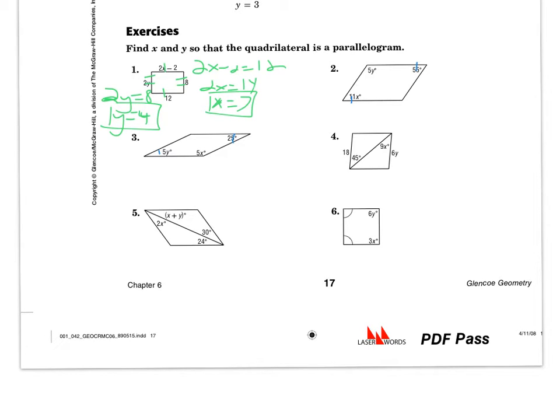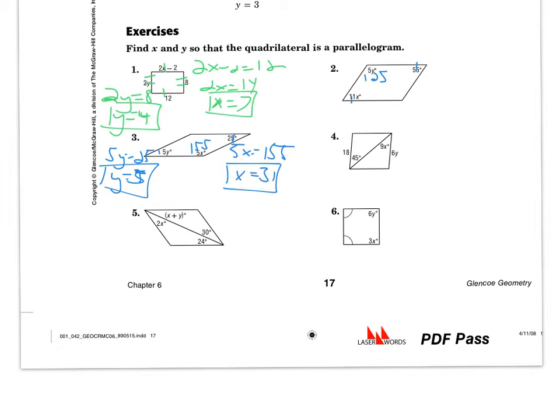Okay, so 180 minus 55 is 125, so I know that 5y has to equal 125, and 5x is going to equal 155, because 180 minus 25 is 155. Okay, so now I can set up my 2 equations here. So I know that 5y equals 25 and y equals 5. Okay, and 5x equals 155. So x equals 31.